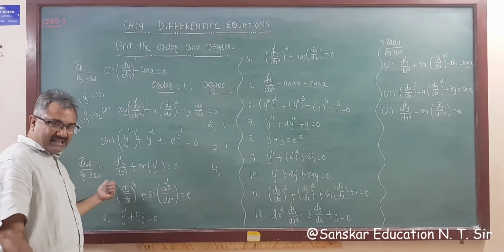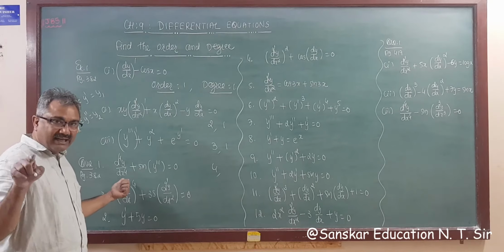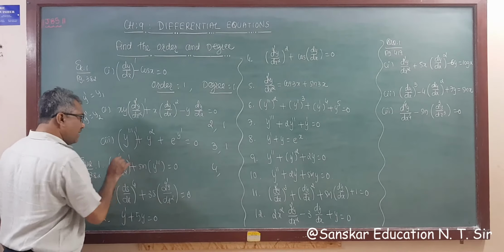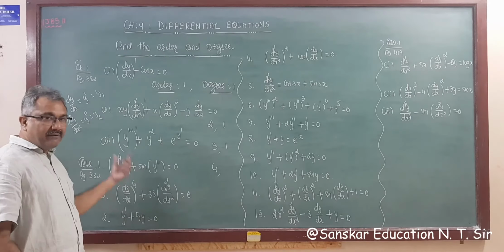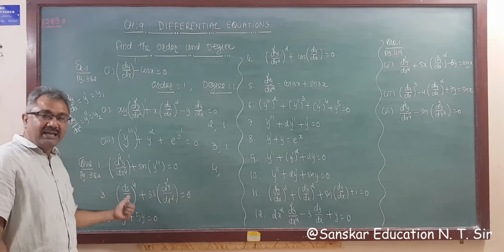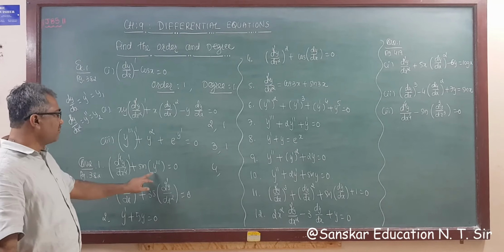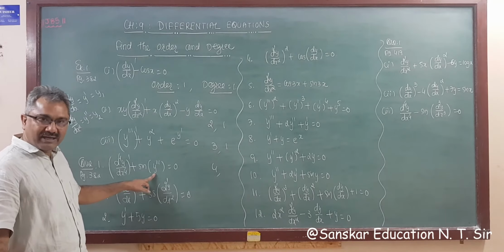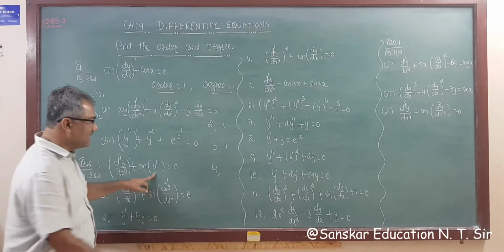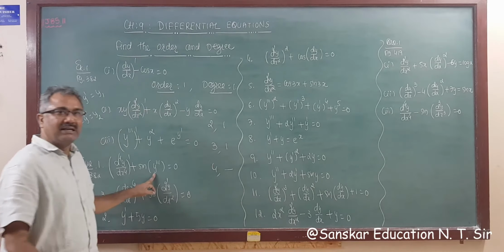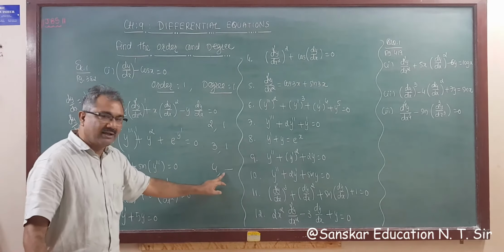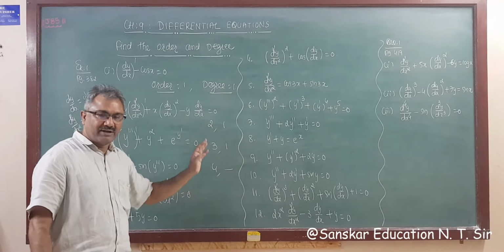The power of this is its degree, but before that the given equation must be in polynomial form of derivatives. This is not a polynomial form of derivatives, so degree is not defined. So I am not writing a number, you have to write degree not defined, so that's why I am writing a dash, right.